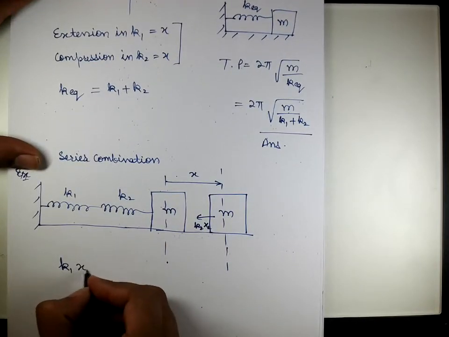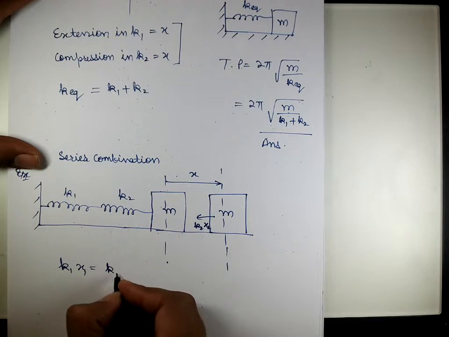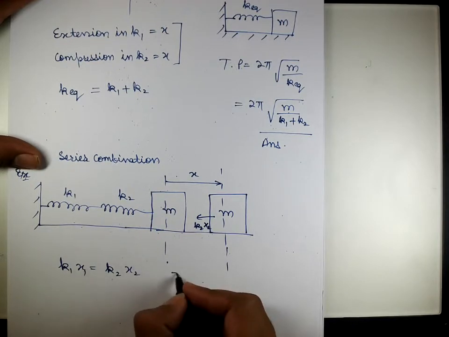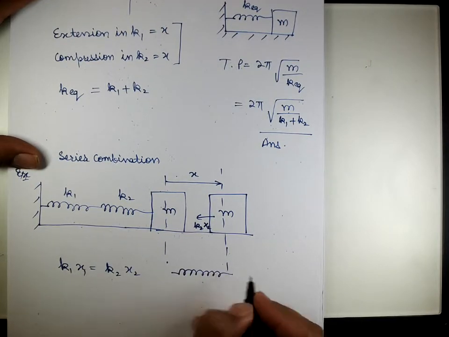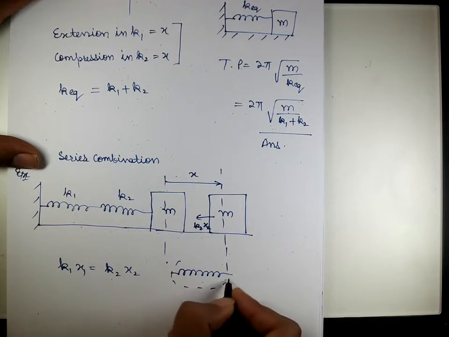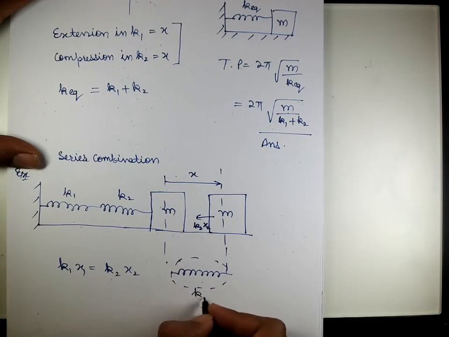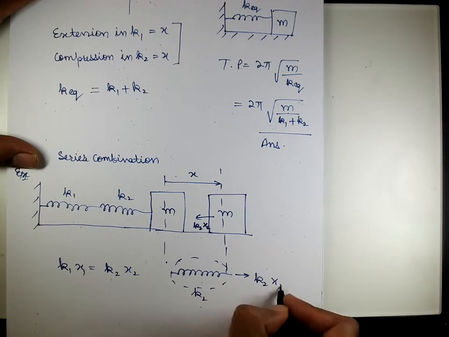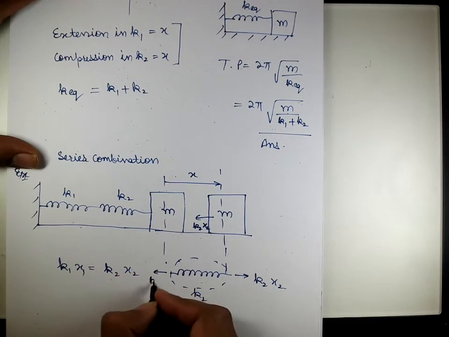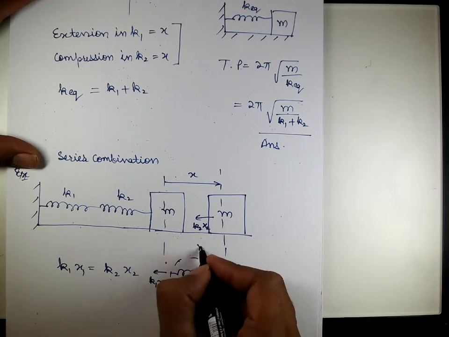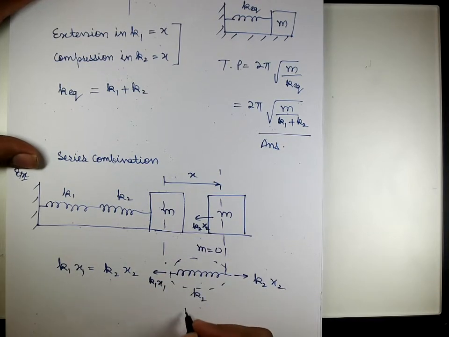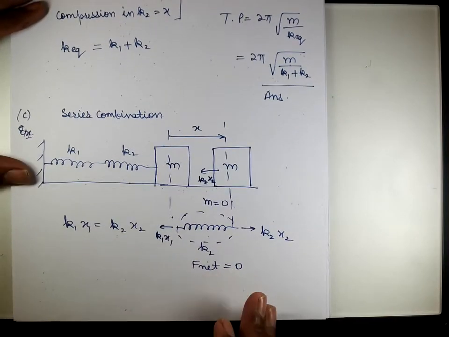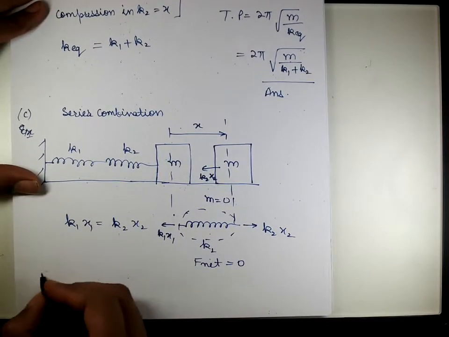Whenever we are in series, the force in the springs is equal. How can we state that? When we apply FBD to this block, this part would be pulled with a force of k2 x2, and this part by a force of k1 x1, and the spring being massless, the net force on the spring would be equal to 0. Hence k1 x1 should be equal to k2 x2.